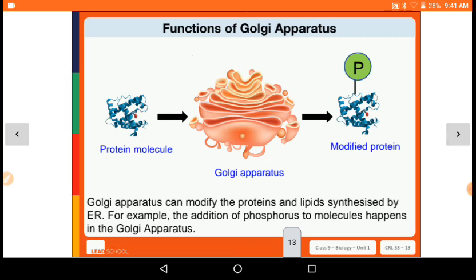So what is the function of Golgi body? Golgi apparatus can modify the proteins and lipids synthesized by the endoplasmic reticulum. For example, the addition of phosphorus to molecules happens in the Golgi apparatus.